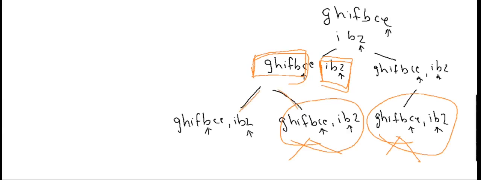Whatever is written from here, the final answer written from here, this would be the longest common subsequence for strings G, H, I, F, B, C, and I, B, Z. It is an optimal substructure because there is no other way. Because if there is another way to find the longest common subsequence, then the answer we get here will not be correct. So whatever answer we are getting from here is the longest common subsequence, and there is no other better approach than that. I mean, there is no other answer than that.